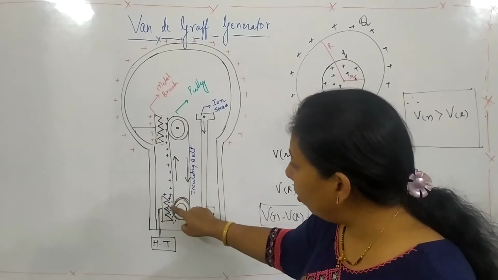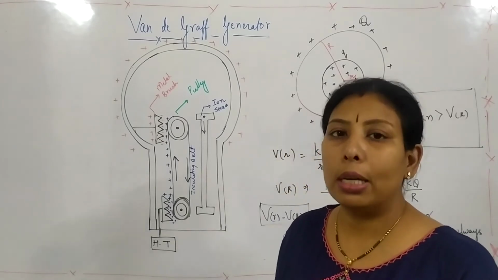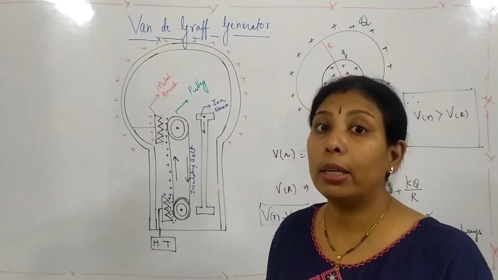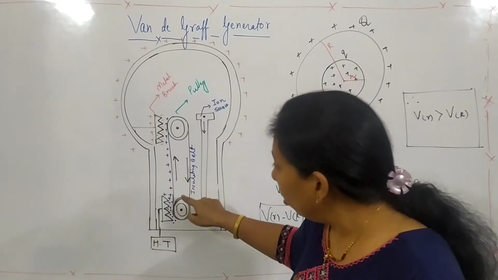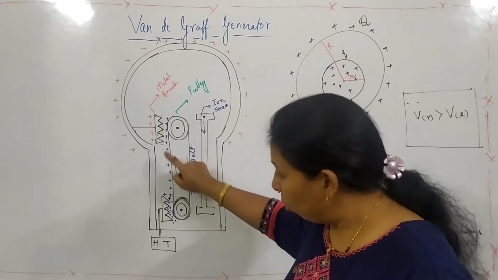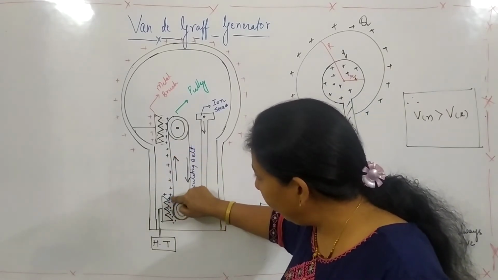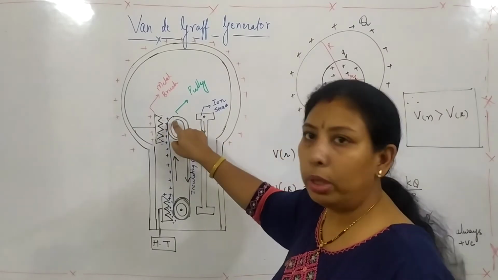This charge is collected on this conveyor belt. Why is it collected? Because it is not conducting in nature. It is an insulating belt, so it does not allow the flow of charge through it. Now, this conveyor belt is going up. So this charge is also carried with this conveyor belt and it reaches this upper pulley.